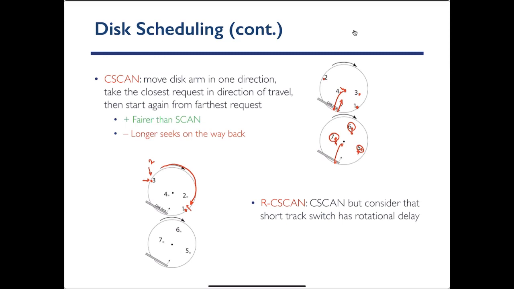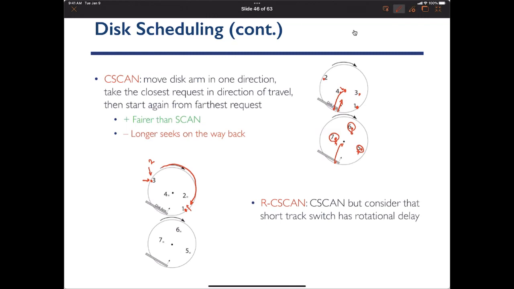Now, alternatively, what we could do is we could do this. Instead, we can do this optimization. We seek 1, we then move the arm down here. By the time that we seek to that track, number 2 has rotated under the arm, so we can read number 2 immediately.